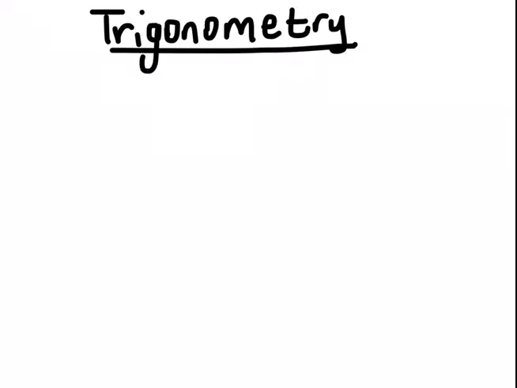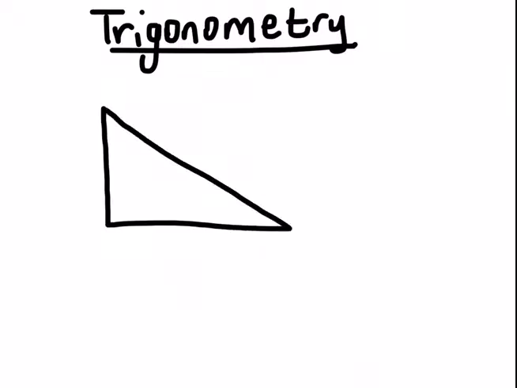So if you remember, regarding the theorem of Pythagoras, we said we focus on a triangle. Most importantly, not just a triangle, but a special type of triangle called a right-angled triangle.